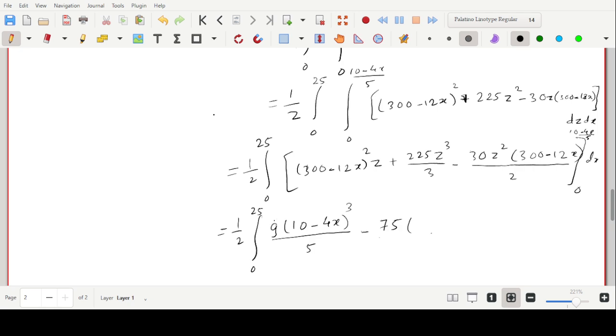So we have here 10 minus 4x over cube over 125 minus 15 z squared, so that is 10 minus 4x the square multiplied by 4, so that can be written as cube, and this 50 multiplied by 4 can be written as 60.